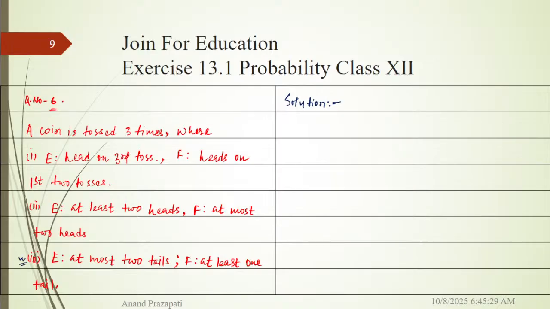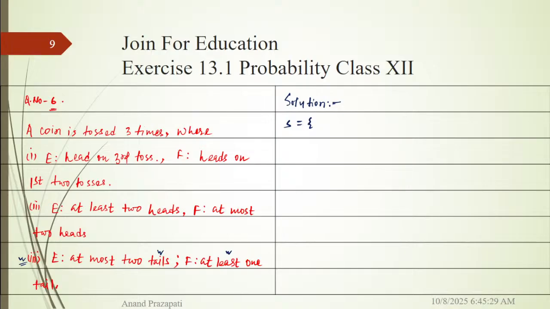So this part is saying that E is at most 2 tails, and F is an event at least 1 tail. So first of all, we find out what S is.